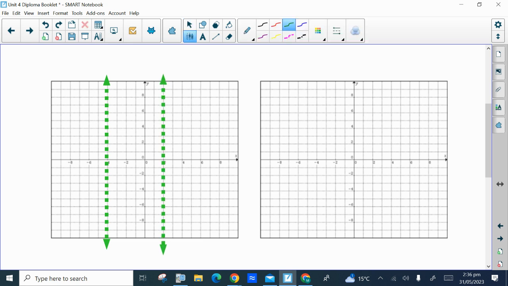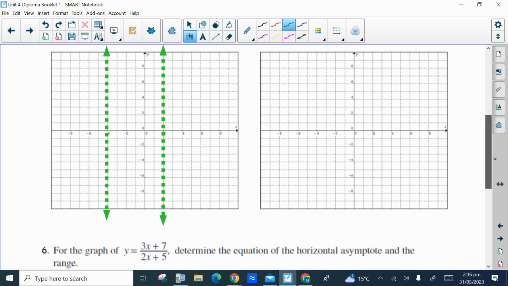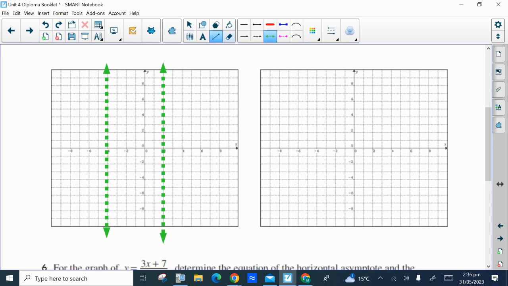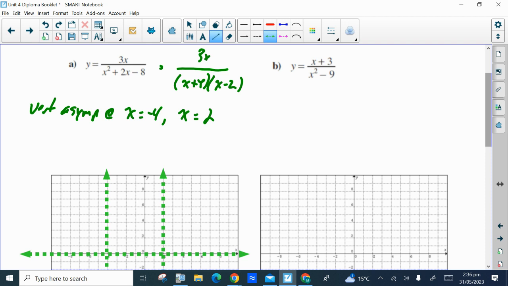And in this case, because the degree of the top is smaller than the bottom, the x-axis would be a horizontal asymptote as well. We're not asked to state that, but if we're going to graph it, we should have our asymptote there. Our y-intercept will be when x is 0, and a rational function equals 0 when the numerator equals 0.